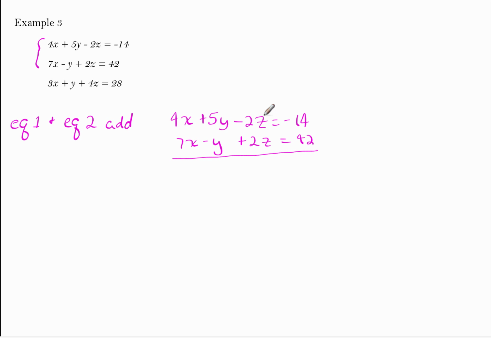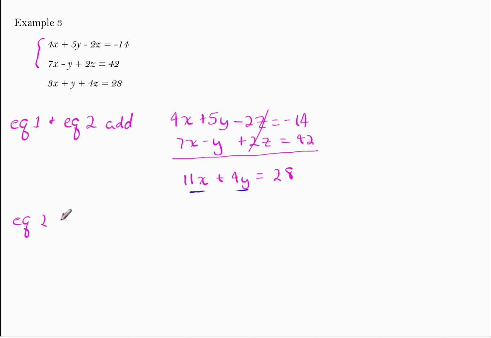All right, so when I add them together, the z's cancel out, and I have 11x plus 4y equals, what is that? 42 minus 14, 28. Just checking myself here. Yes, 28. All right, so that means I'm looking to form another equation that has only x's and only y's in it.